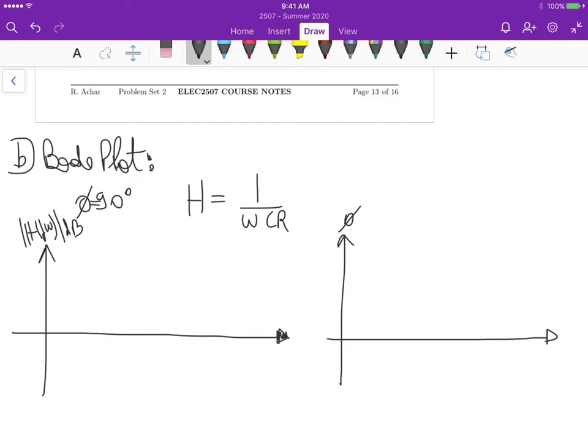For this plot, you have the exact values in the solutions, but exactly when omega equals 1 over CR, we have the unit gain. A unit gain in dB means 0 dB.